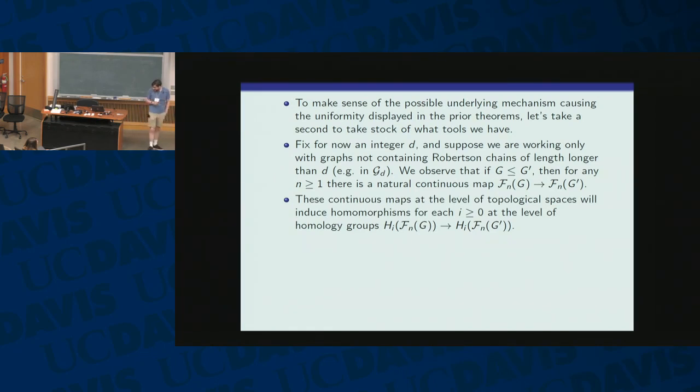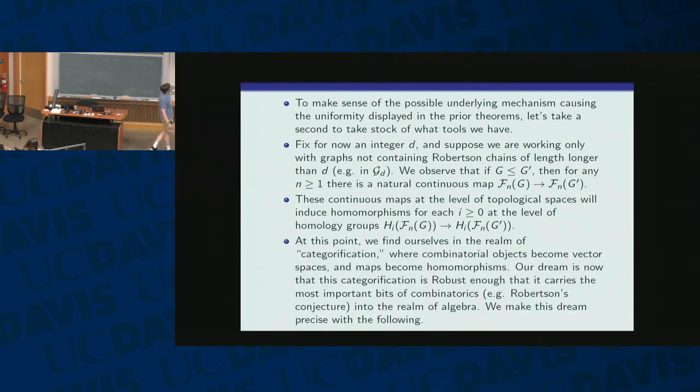So these maps at the level of topological spaces, as continuous maps usually do, will induce homomorphisms at the level of homology groups like this. So I don't think I'm saying anything extreme here. So at this point, though, we find ourselves in the realm of categorification.